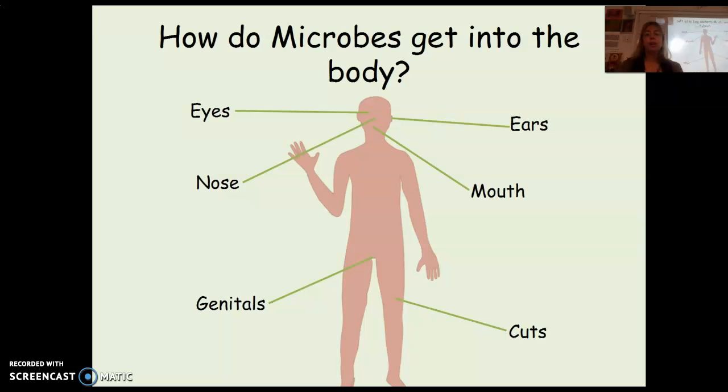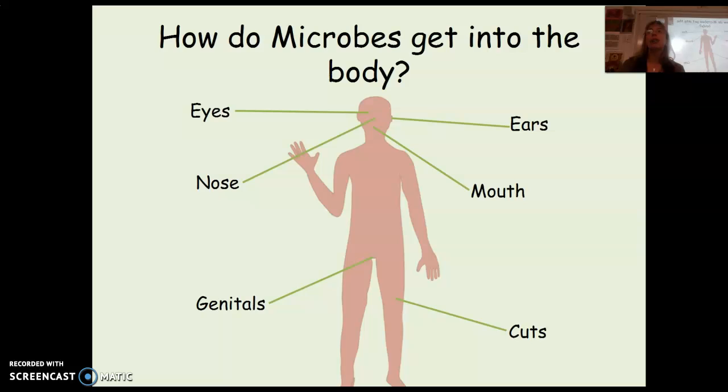Now that you're ready to go on, over here we can see some of the places where microbes enter our body. For example, we've all had an eye infection or an ear infection at some stage. We know that the coronavirus can move up our nose or mouth. We know that if we've got cuts or any open wounds, they are particularly susceptible to pathogens entering our body.